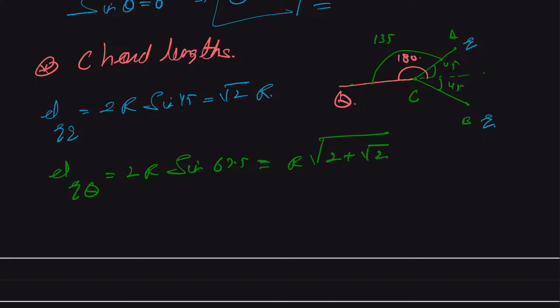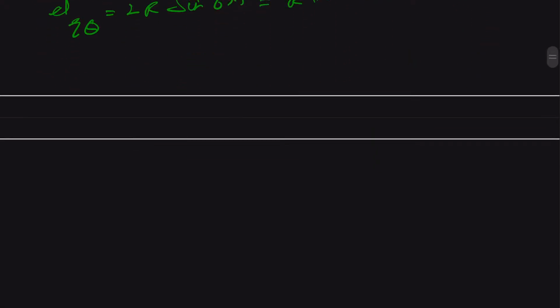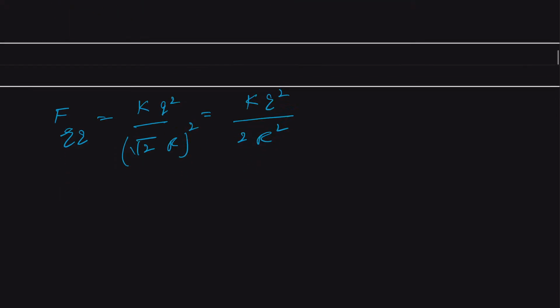And the forces on the equal charges, so we can just pull out the forces now. So you can say the force FQQ will be equal to K Q square over square root of 2 R whole square. So we can say this comes as K Q square upon 2R square.